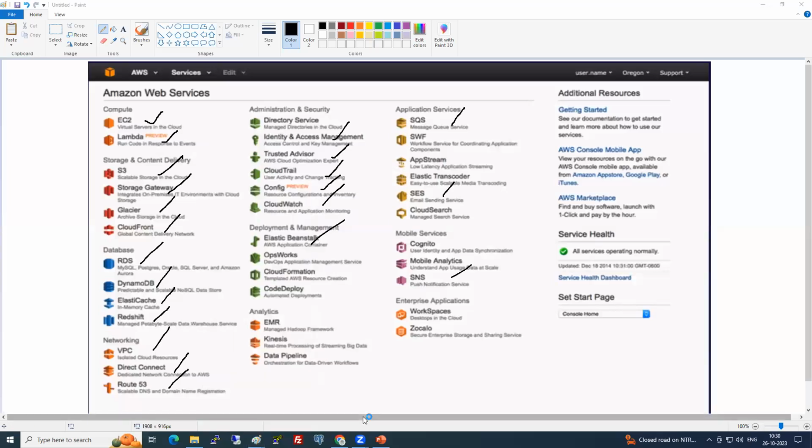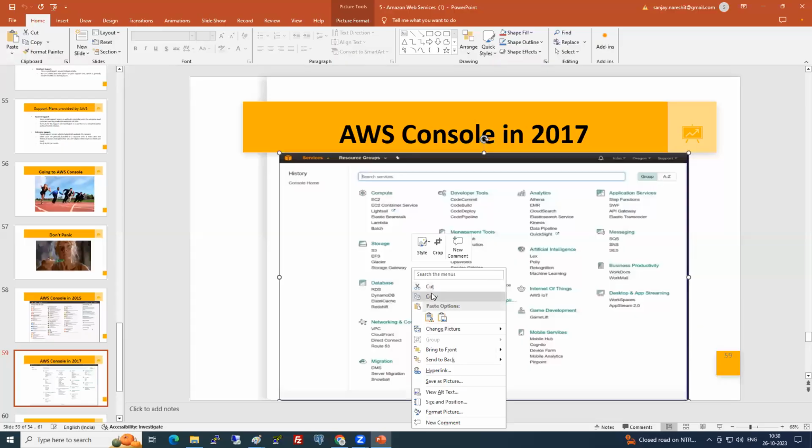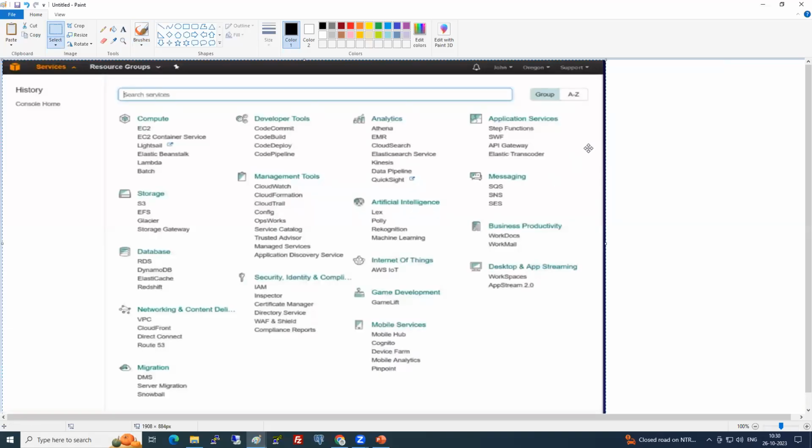AWS changed the console again. Next, the console looked like this. Then I thought, okay, no problem. Whoever the developer is, he or she doesn't like colors. The previous one had colors, yes or no?